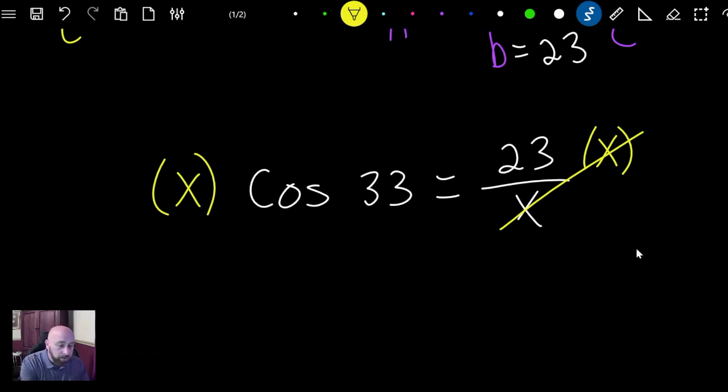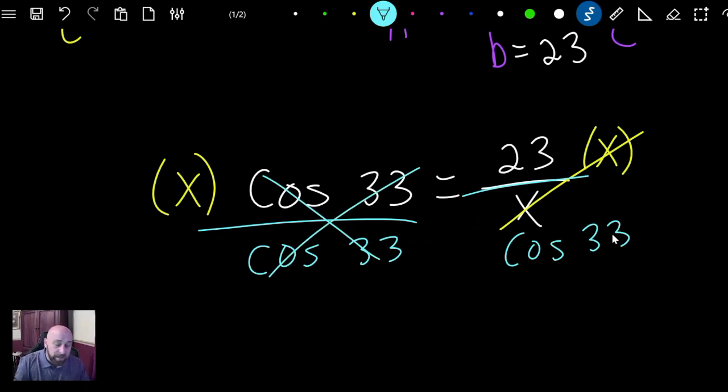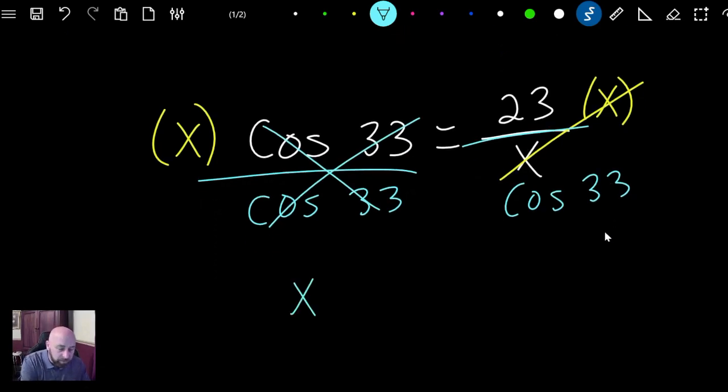Now we want to divide both sides by the cosine of 33. We also divide the 23 by the cosine of 33. That's going to cancel it off that side. So what are we going to be left with? x equals 23 divided by the cosine of 33.